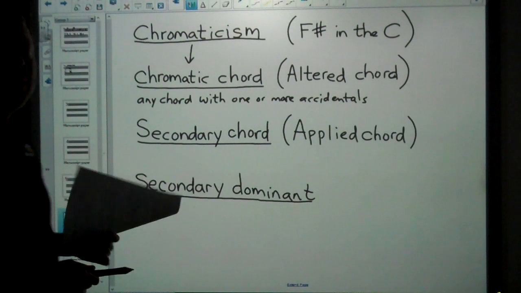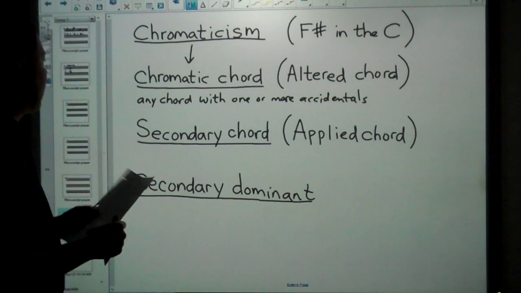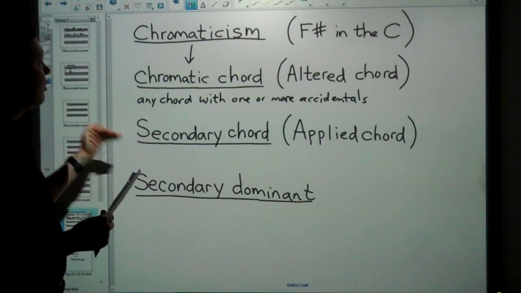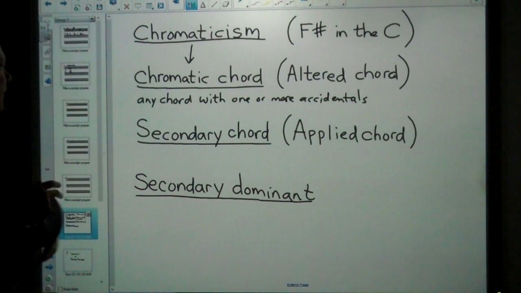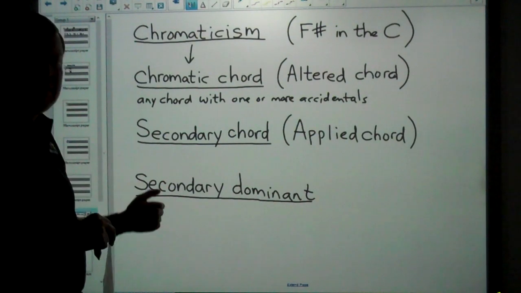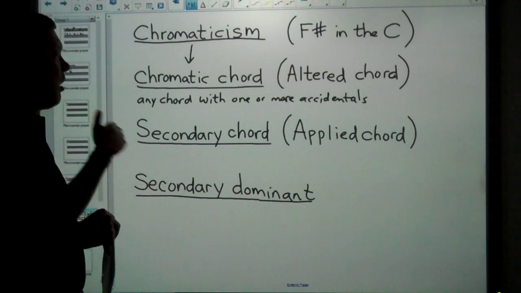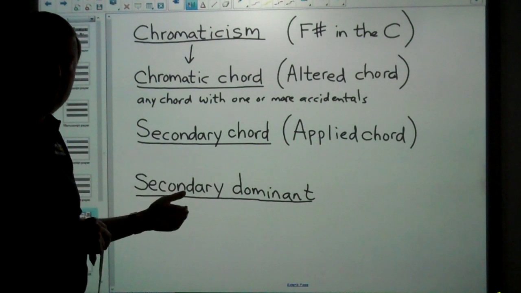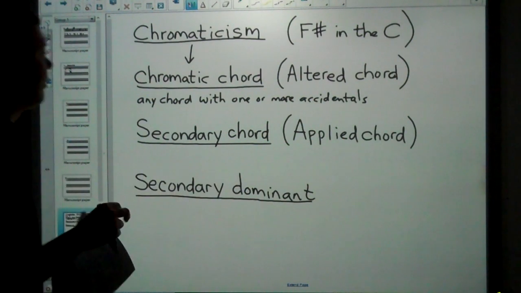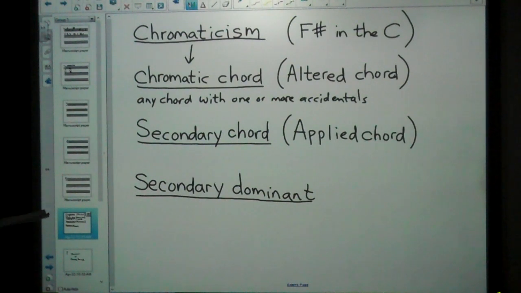You can be guaranteed to be able to find a secondary chord somewhere. That's why they are very important. We need to learn what they are, how to analyze them, and how to spell them, because they're found all over in music.